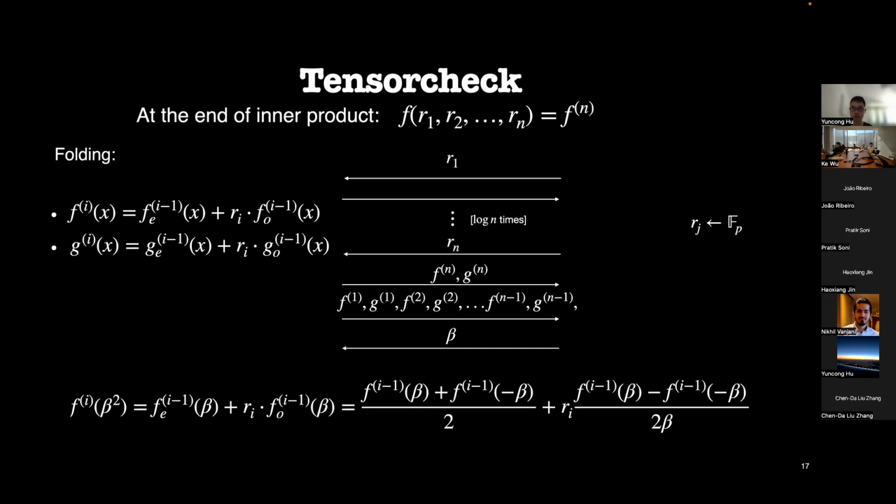What we do in Gemini is to use the tensor check and the batching technique in the KZG to achieve this multivariate evaluation. What I said is that by extracting the idea from this tensor check and the idea from the batching KZG, it's possible to build a standalone multivariate polynomial commitment scheme that is more efficient than the existing PST multivariate polynomial commitment scheme.